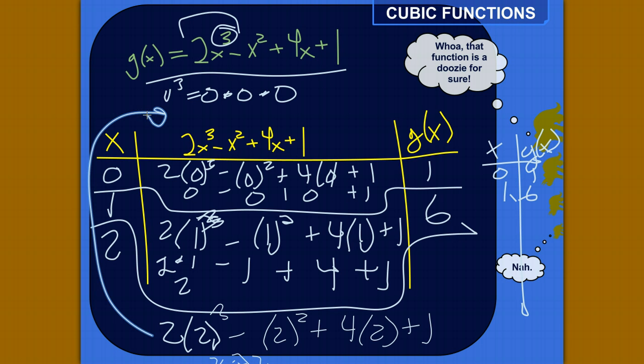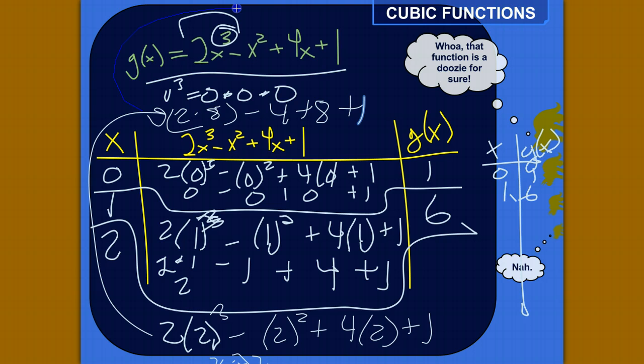So this term would be 2 times 8. And then 2 squared is 4, 2 times 2. So we'll have 2 times 8 minus 4. And then 4 times 2 is 8, so plus 8. And then plus 1. So 2 times 8 is 16.